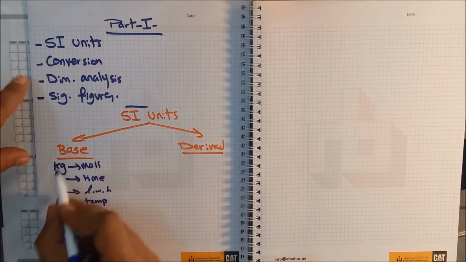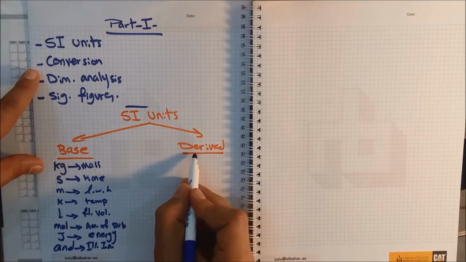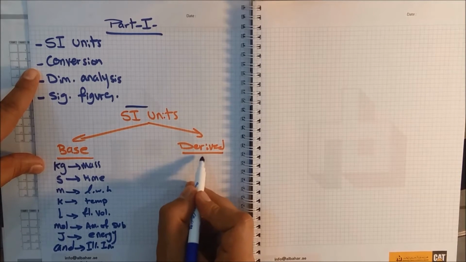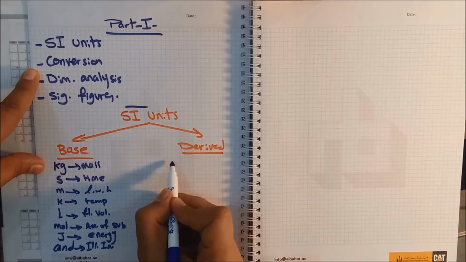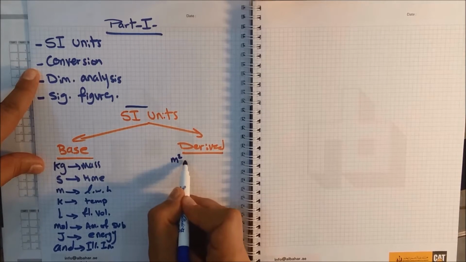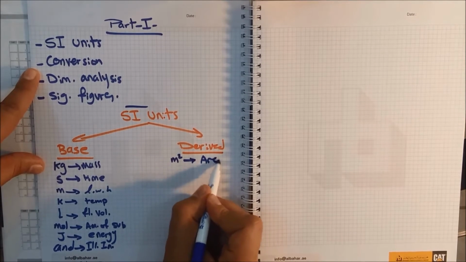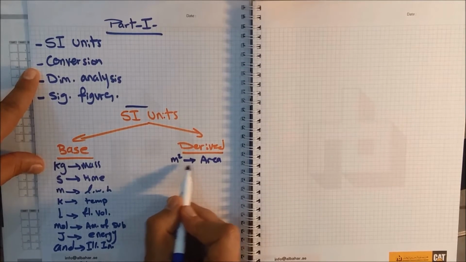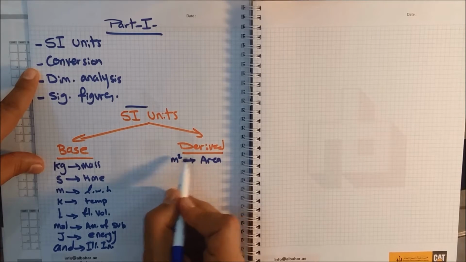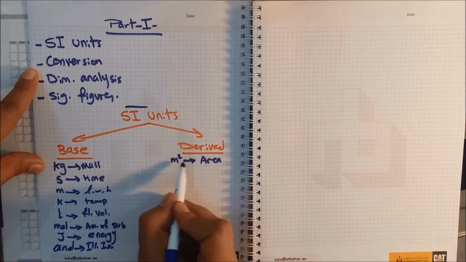The combination of 2 or more base units will give you derived units. So it describes more than one dimension. Let's say that we need to measure the area, so you use meters squared. So it is meters times meters, which means it's a derived unit. It has more than one dimension at a time.